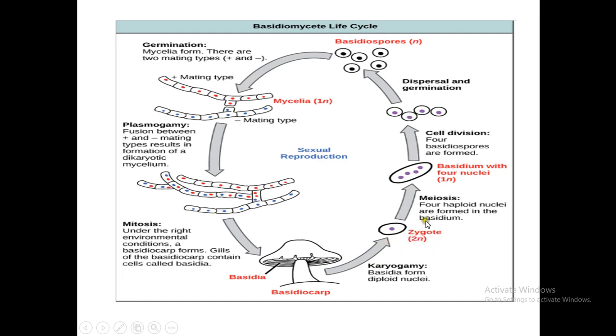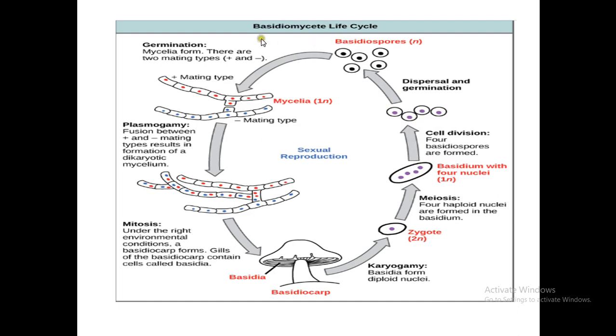It will undergo meiosis and form four haploid nuclei in the basidium, and these will undergo cell division, and basidiospores are formed. These four nuclei are included in one basidium, and then a cell division will occur, and it will produce four basidiospores, and then they will disperse and germinate, forming these haploid cells to form new mycelia.